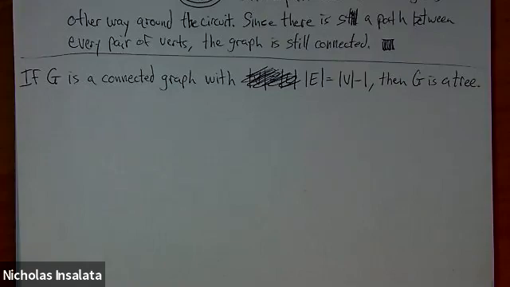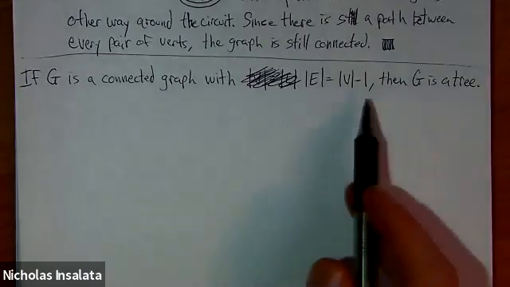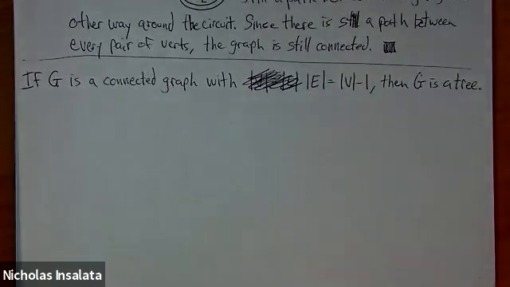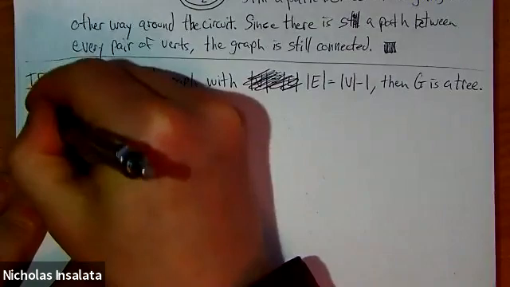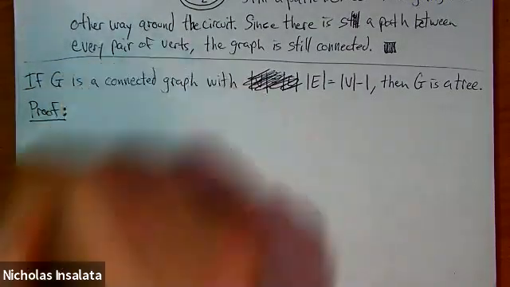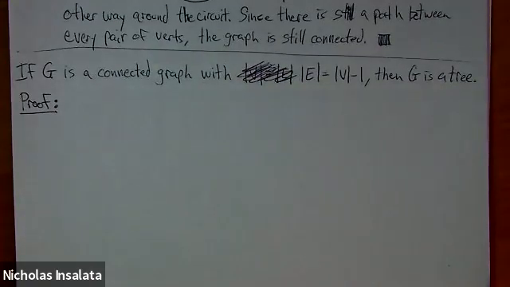So now we have an if and only if after we prove this. We'll say G is a tree if and only if the size of the edge set is the vertex set minus 1, proving both directions. Any questions about that? You see how I proved the implication and the converse in order to get that biconditional, if and only if. Does that make sense?